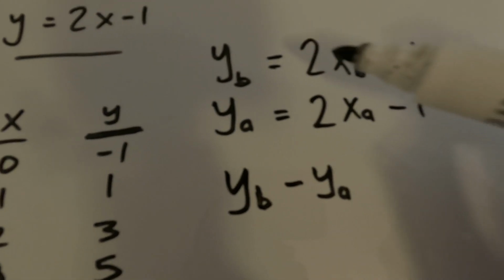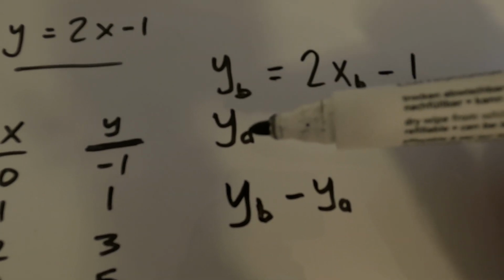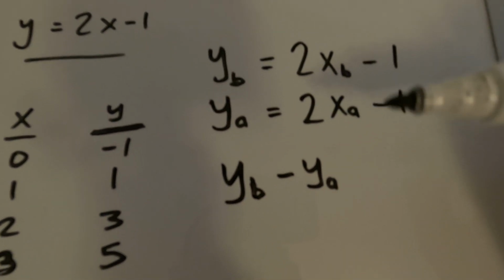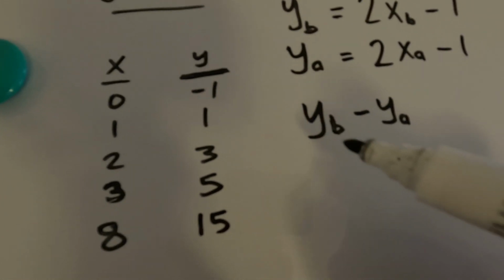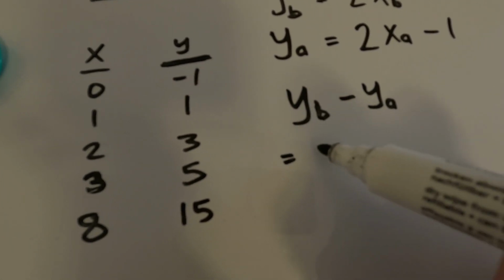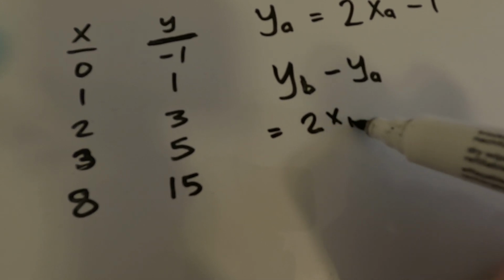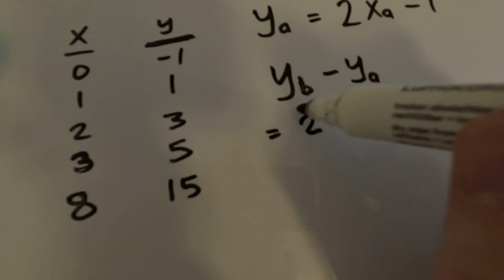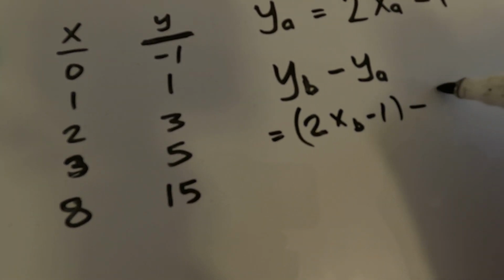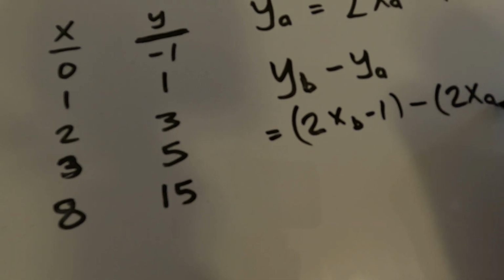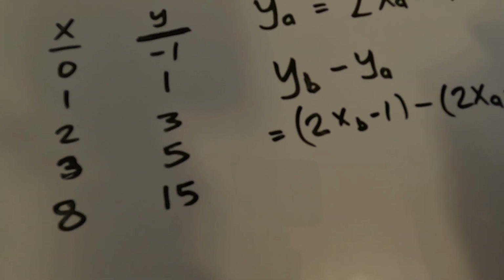Okay, and then, so we subtract this from this, okay? And what does that equal? Well, that's equal to 2xb minus 1 minus 2xa minus 1, right?